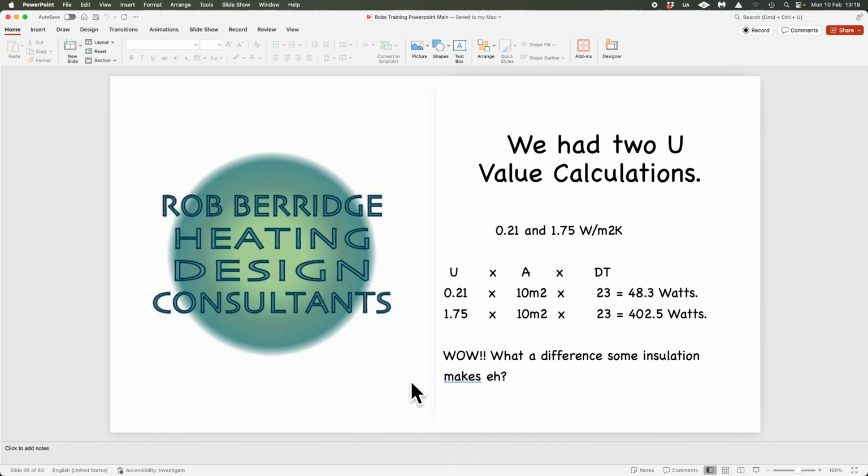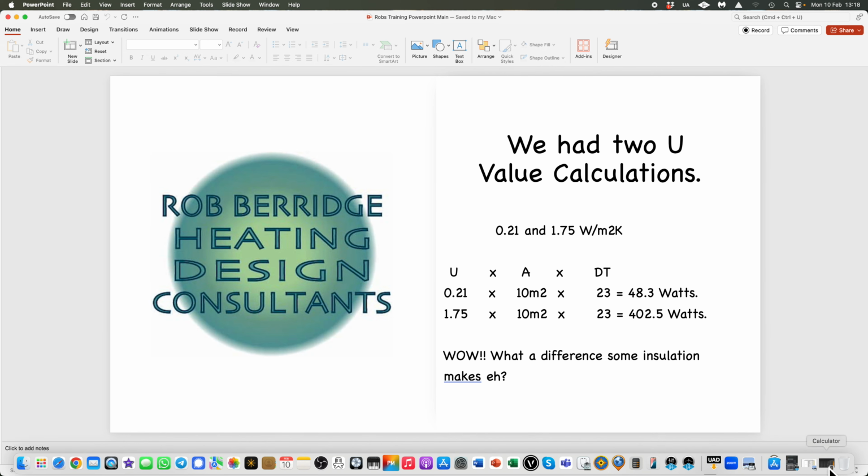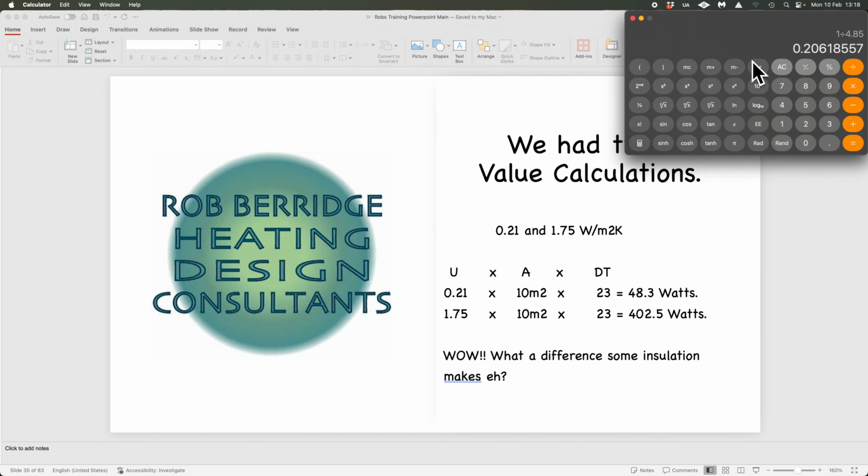So if you remember, we had two calculations of U values, one with insulation and one without insulation. So we do our U value times area times delta T calculations twice here, and the initial one that we had was 0.21 up the top here, times 10 times 23, and we've got 48.3. Well, let's just double check and make sure that the calculations are good and the mathematics are correct.